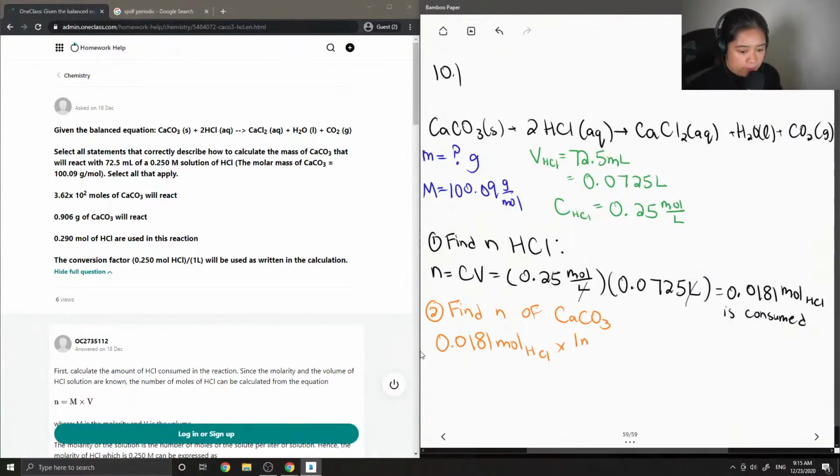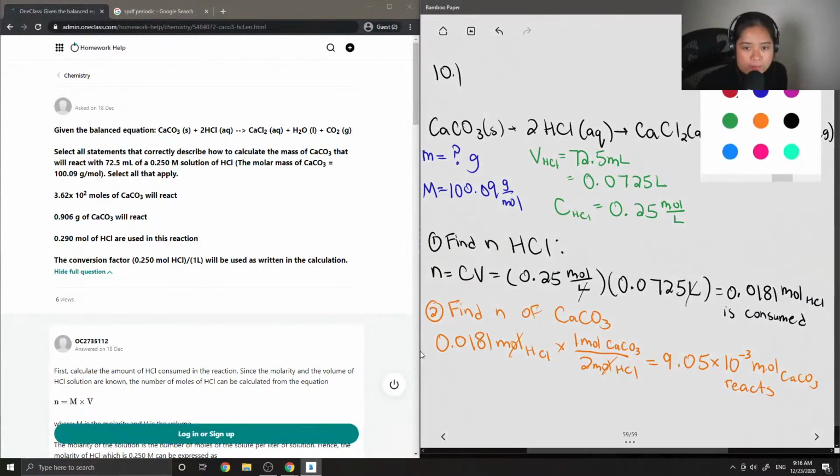So we do the mole ratio, 1 mole calcium carbonate for every 2 moles of HCl. So you'll see the moles of HCl cancel out. We divide that by 2. And we get 9.05 times 10 to the negative 3 moles of CaCO3 that reacts.